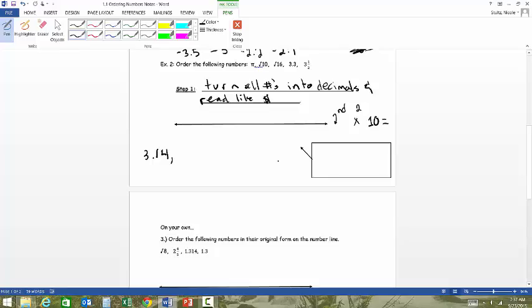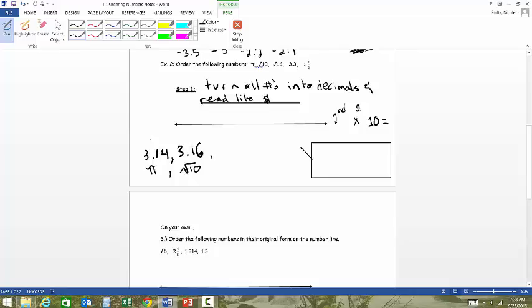I'll give you a minute to figure out what that is. So you should get 3.16 if you do it correctly. And I'm just going to write what these originally were so I don't forget. Because remember, we want the originals on our number line, not the decimal versions.